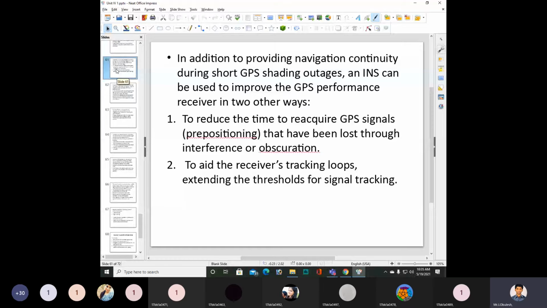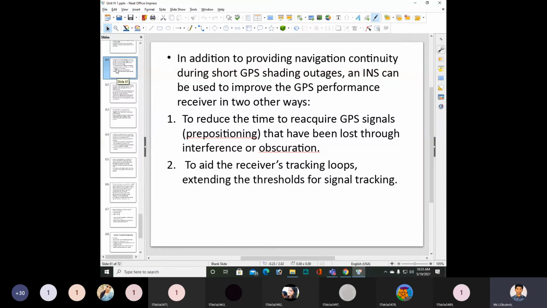Second, to aid the receiver's tracking loops, extending the thresholds for signal tracking.